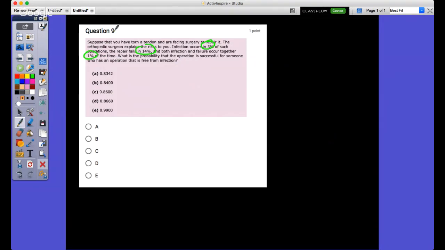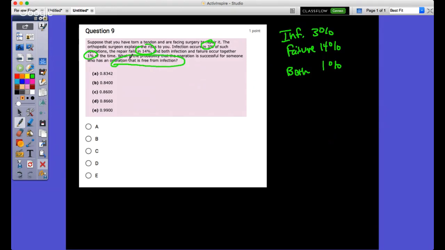So I've got infection, 3%, failure is 14%, and both is 1%. What is the probability that the operation is successful for someone who has an operation that is free from infection?